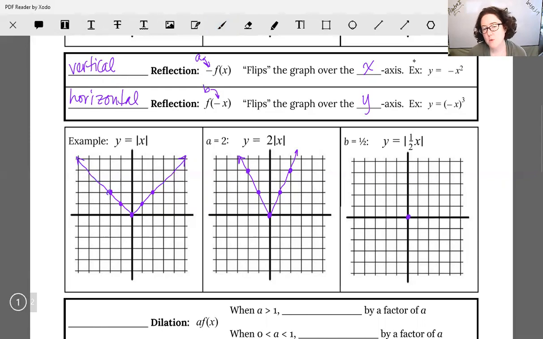My original point, 1, 1, I'm plugging the 1 value in for the X. So I really want to look at, well, what's my value at 1/2 instead? Well, it's only going to be going up half as much. So over 1, I'm actually only going up half the value. And it's exactly perfectly reflected in the Y-axis, just because that's the nature of this V.